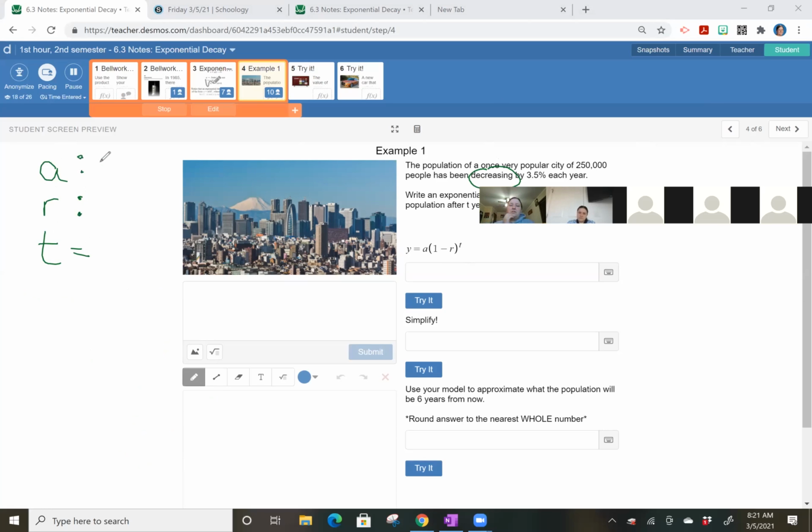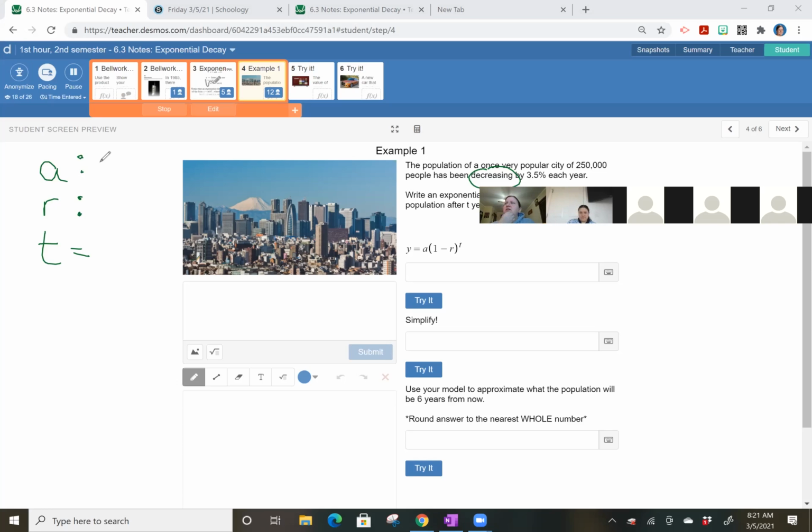So this population of 250,000 people has been decreasing by 3.5% each year. So what's our starting value? Negative 250,000. Did you say negative though?